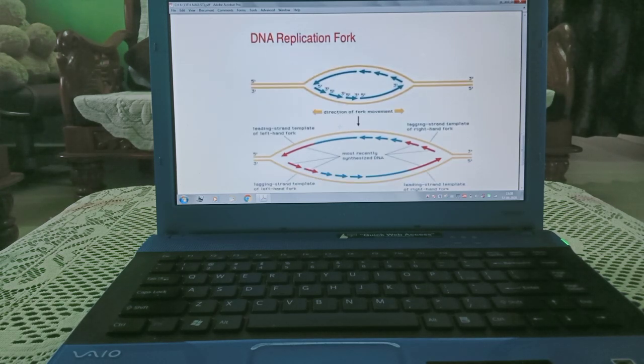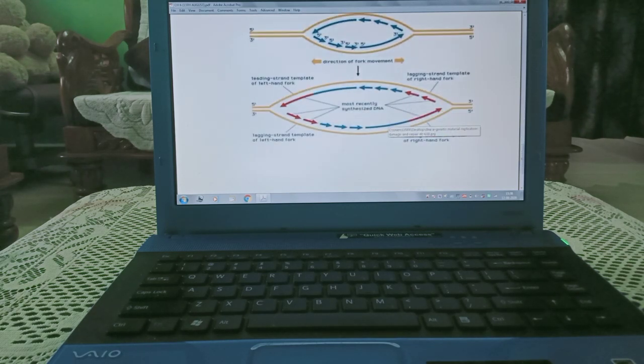Now we will study this. You can see this is the 5' end, 3' end, 5' end, 3' end, and this is the direction of fork movement. Now here, this is the leading strand template of the left-handed fork, and this is the lagging strand template of the right-handed fork.